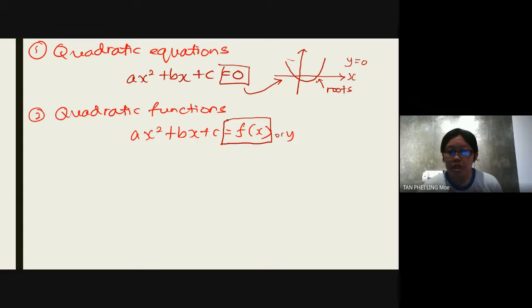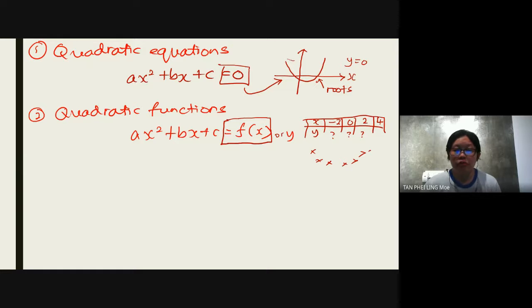Why? Because when you have your table, when your x changes, your y changes as well, isn't it? Your x can be any value in the domain, like -2, 0, 2, 4. Any number that you put in, you will always have the y. That's why you can plot it into a curve. Is that okay? All right.